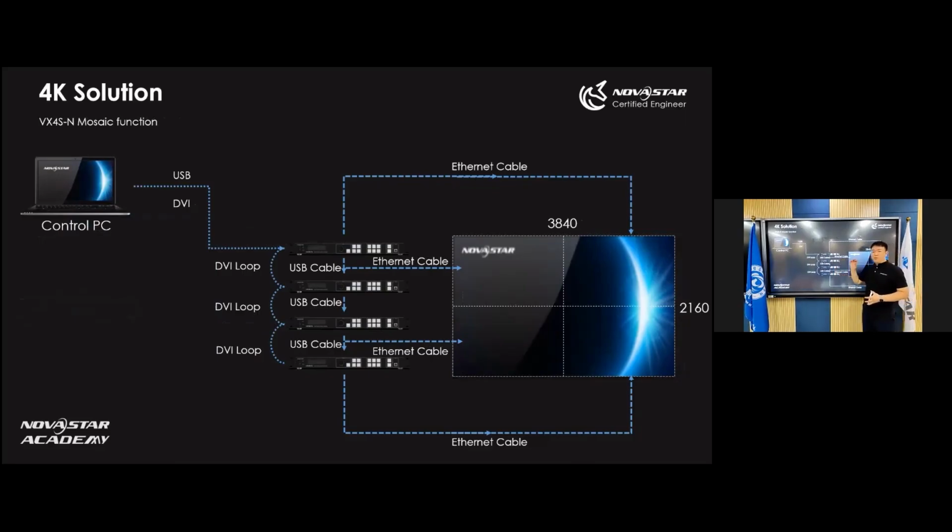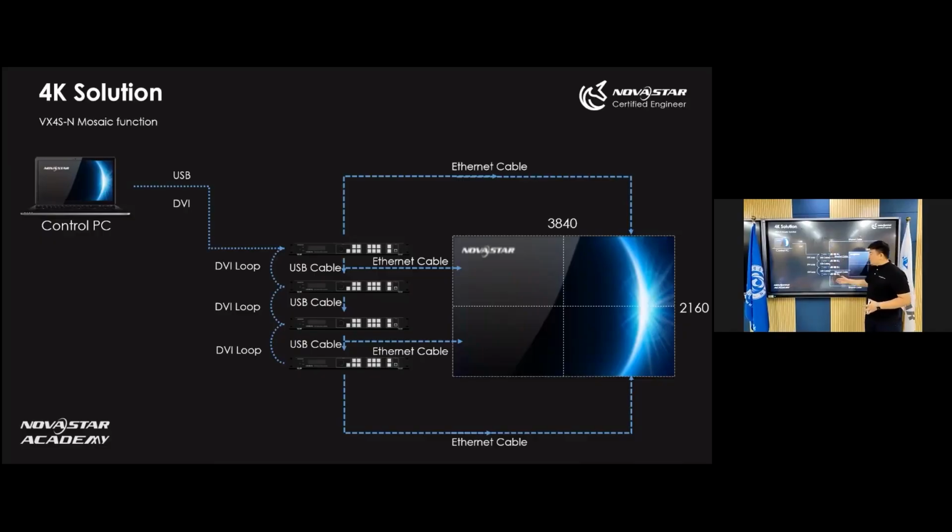And we can use the mosaic function to do the configuration on each VXOS. So it will know to call the video source in 4 parts, and the first VXOS will display the top left, and the second one maybe the top right or bottom right.